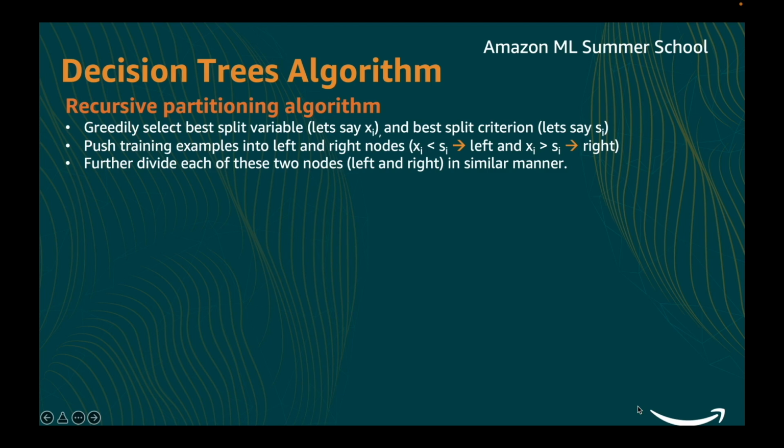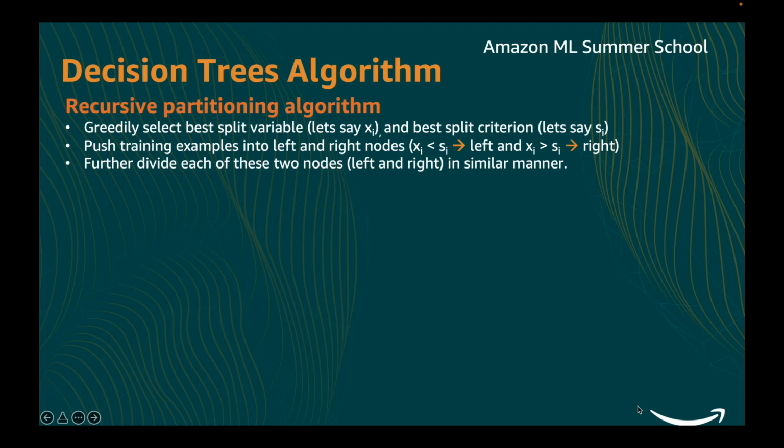So let's say that the attribute which gives the best split criteria is x1, and the best split criteria, that is the value of that attribute, is s1. Once we've selected this best split criteria from all of the criteria available, we push all the training examples into the left node or right node based on their value of this attribute.